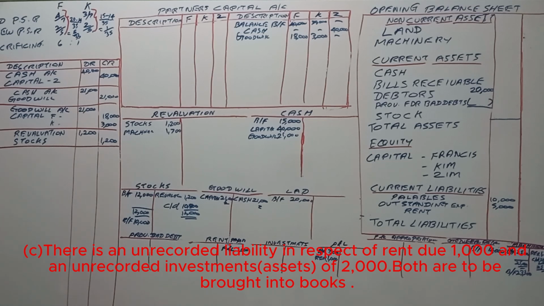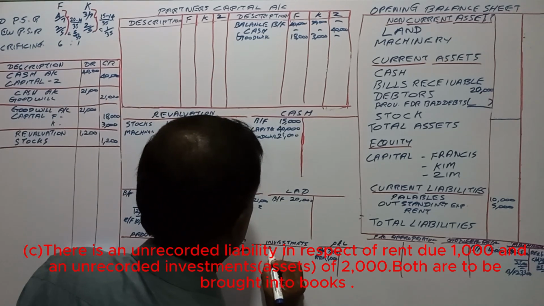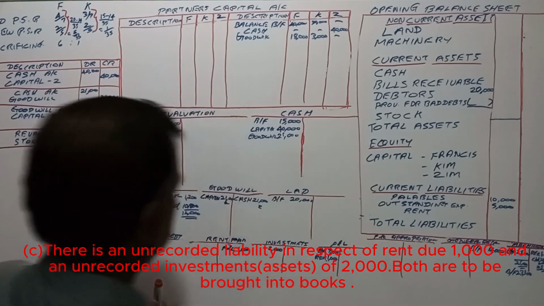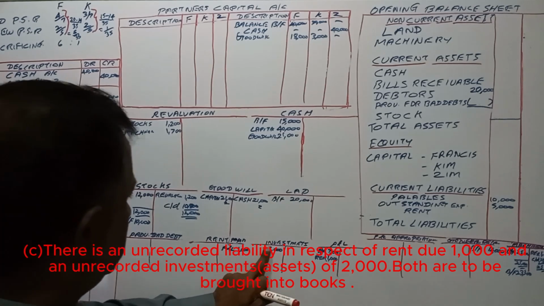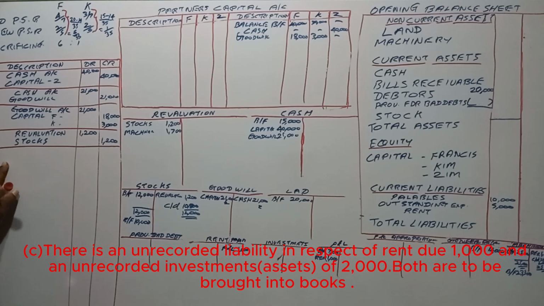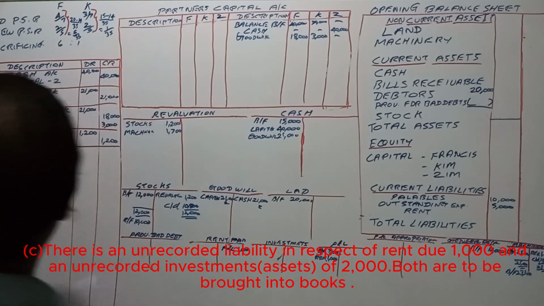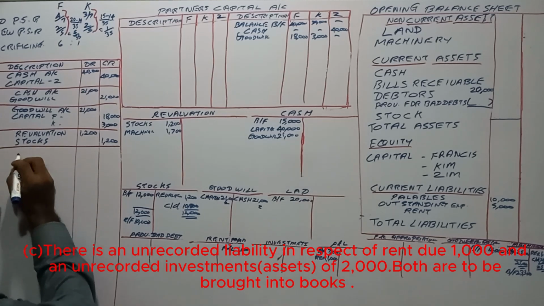And unrecorded investments of 2000. Where is the investment account debit 2000, right here. Wait, okay, investment we will see later. We will see this one, rent, and rent payable.